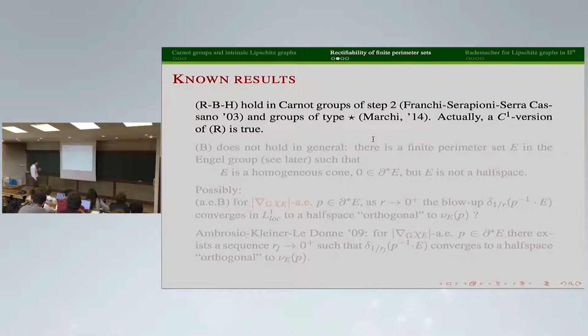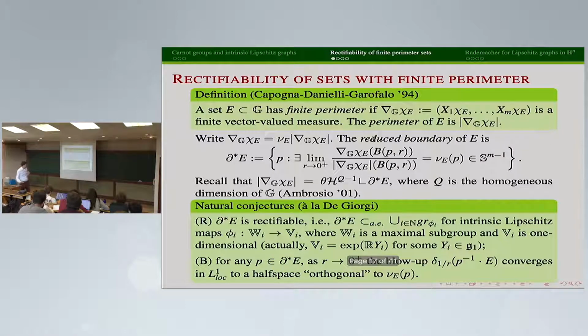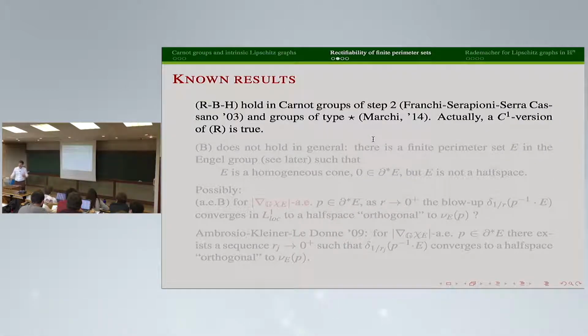And actually, a C1 version of the rectifiability theorem holds, meaning that the reduced boundaries can be proved to be contained almost everywhere in a countable union of graphs which are not only intrinsic Lipschitz but intrinsic C1.